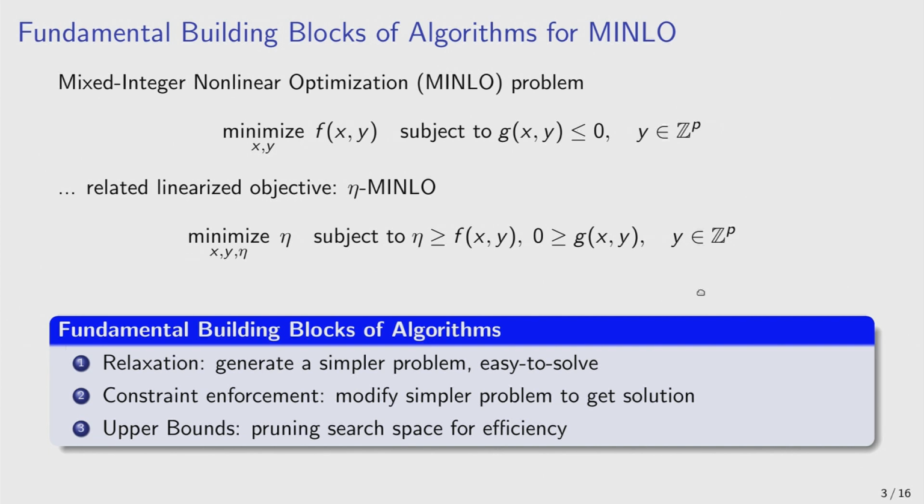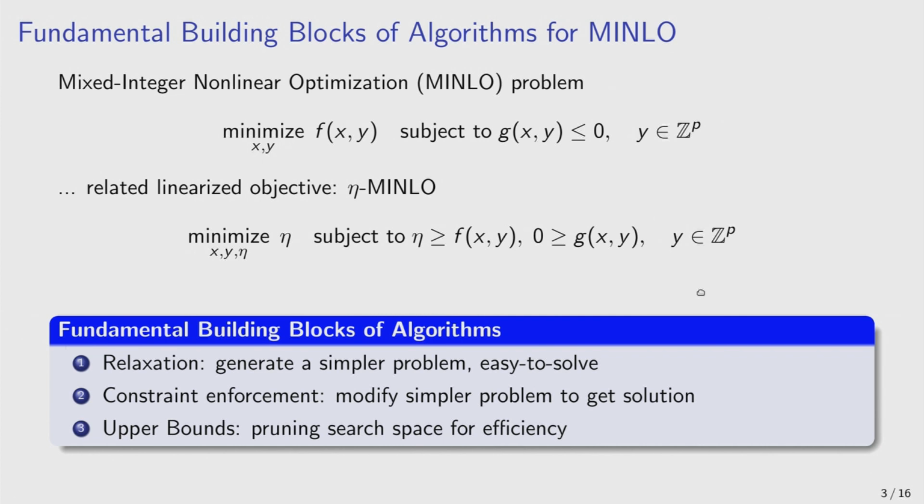In much of the talk going forward, we're going to look at this linearized objective, where we use this little trick of introducing an additional variable eta that allows us to write the objective as a constraint. Then we can treat the constraints in a consistent way, and it also avoids some of the pitfalls when we generate strong cutting planes later on.